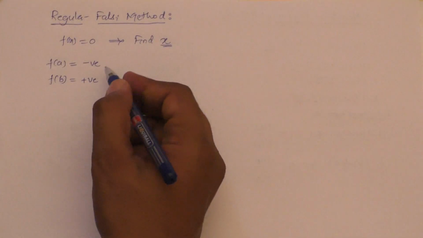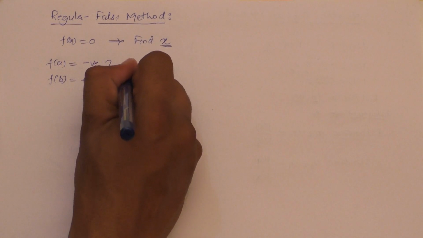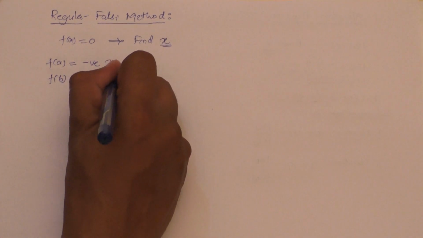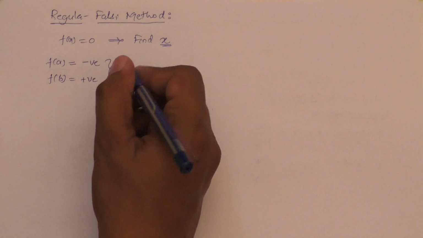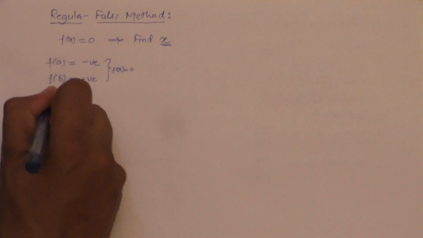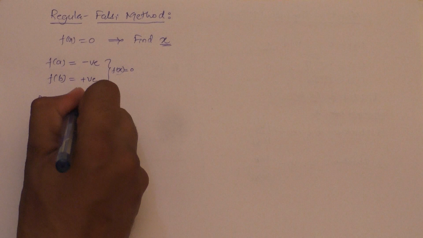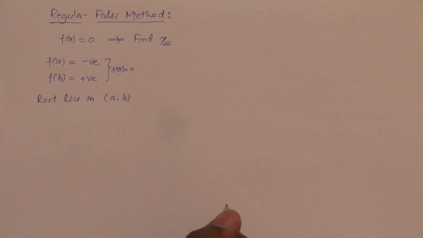Once it is like this, we can say there exists some value which leads to 0, which means the root lies between a and b. So we can conclude that the root lies in a comma b.